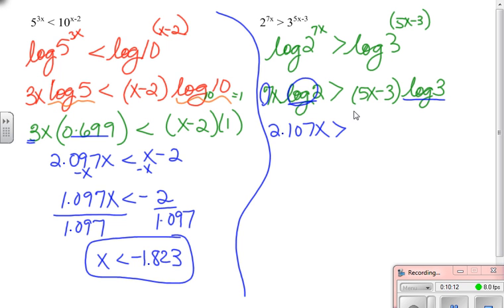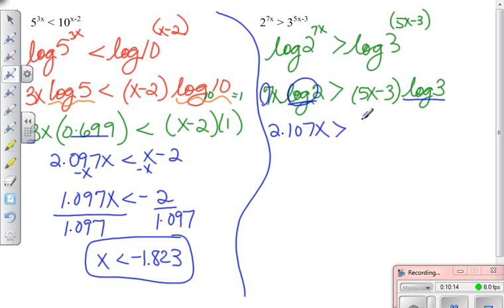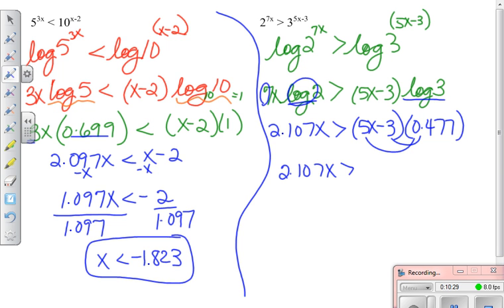So I have 5x minus 3 is times 0.477. Then I have a distributive property going on there. And so I have 2.107x is greater than 2.385x minus 1.431.